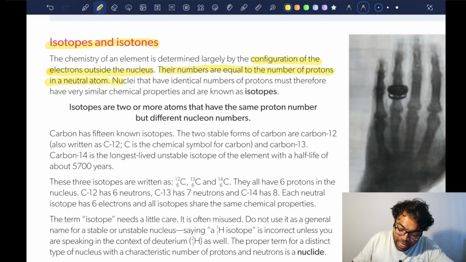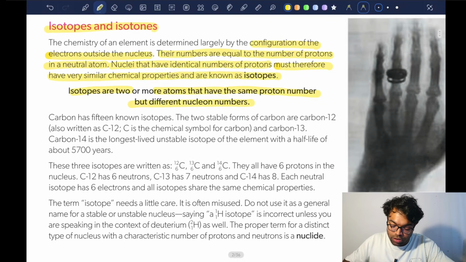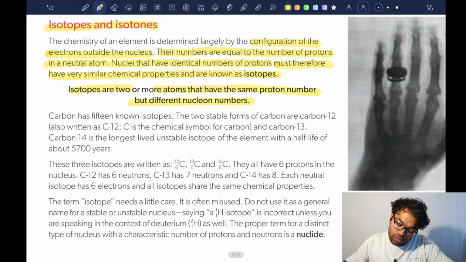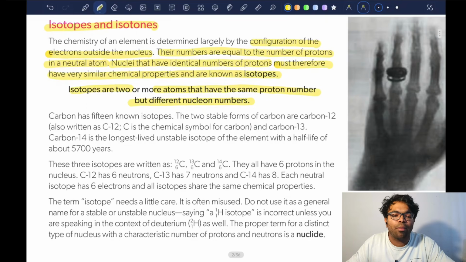Nuclei with an identical number of protons must therefore have similar chemical properties and are known as isotopes. Isotopes are two or more atoms that have the same number of protons but a different number of neutrons. It should have a different nucleus, which basically means a different atomic mass.